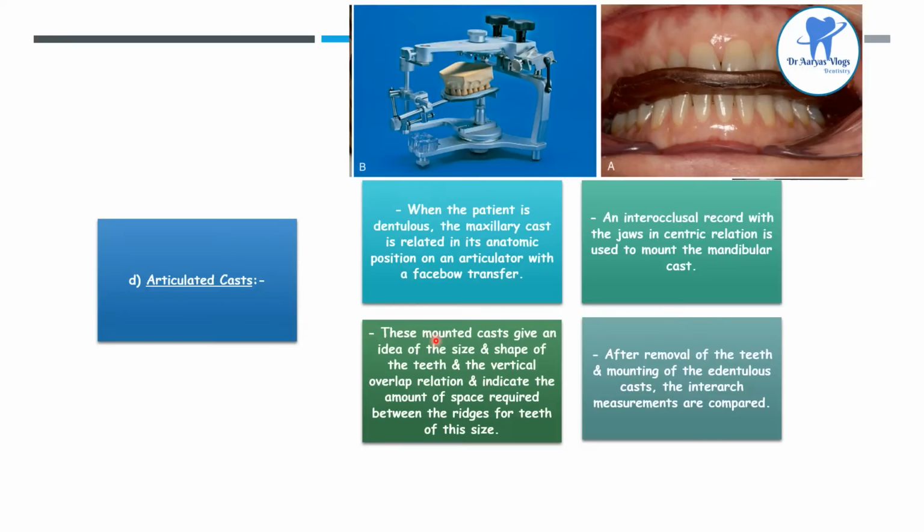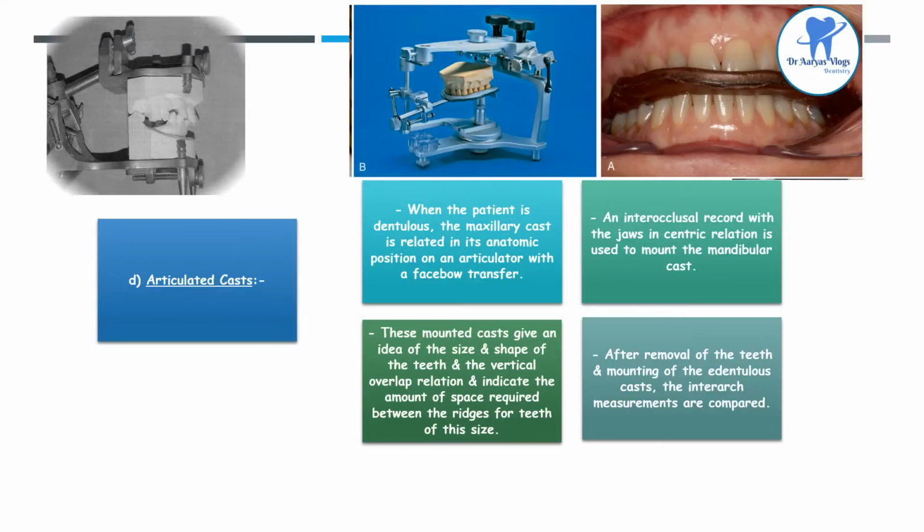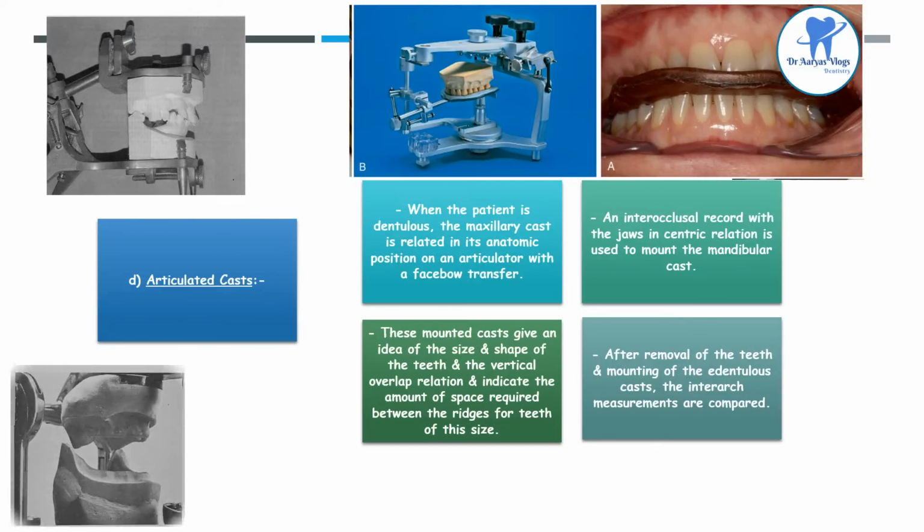And these mounted casts give an idea of the size and shape of the teeth and the vertical overlap relation and indicate the amount of space required between the ridges for teeth of this size. And after removal of the teeth and mounting of the edentulous cast, the interarch measurements are compared. So these are the articulated cast in dentate and edentulous patients.